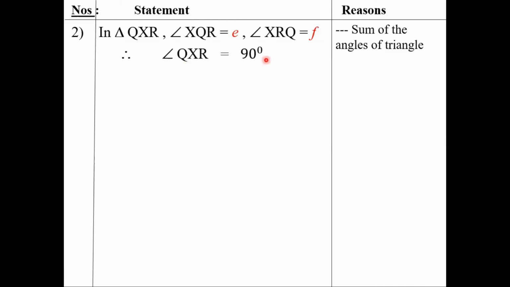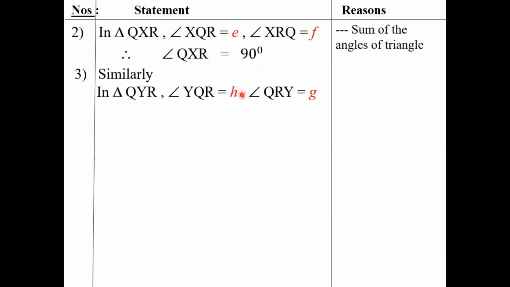Now we have to write the same part for the third group, triangle QYR. Similarly, in triangle QYR, angle YQR is H and angle QRY is G. Again writing the addition of all three angles of triangle QYR, again the sum of the angles of a triangle.